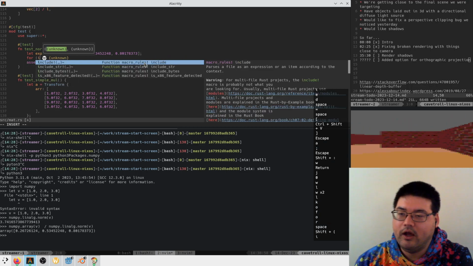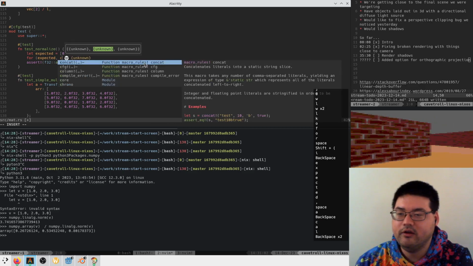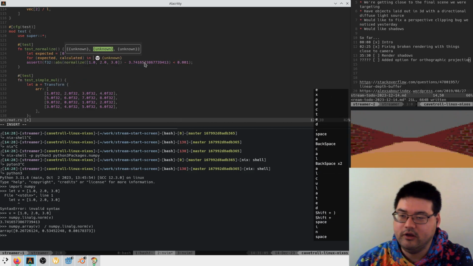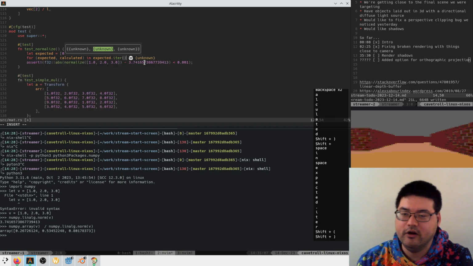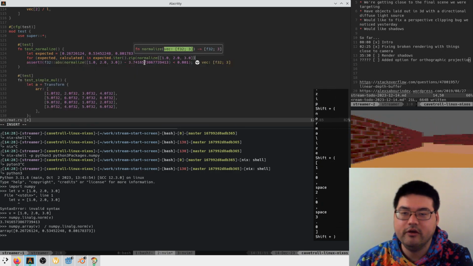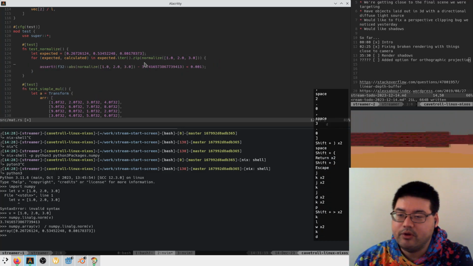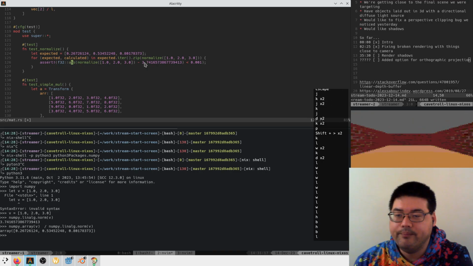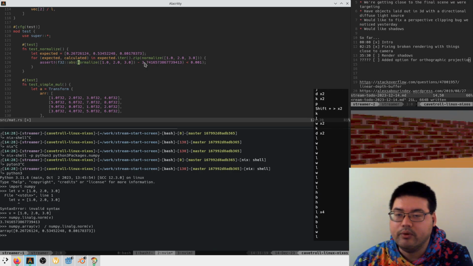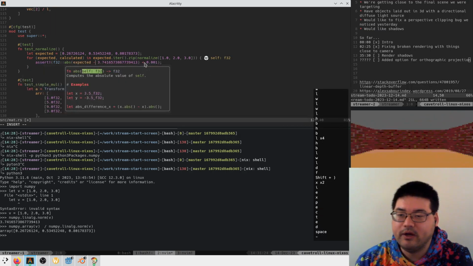And for expected, calculated in expected iter zip normalize 1, 2, 3. We do this assertion, but we only do it for the absolute value of the expected minus calculated.